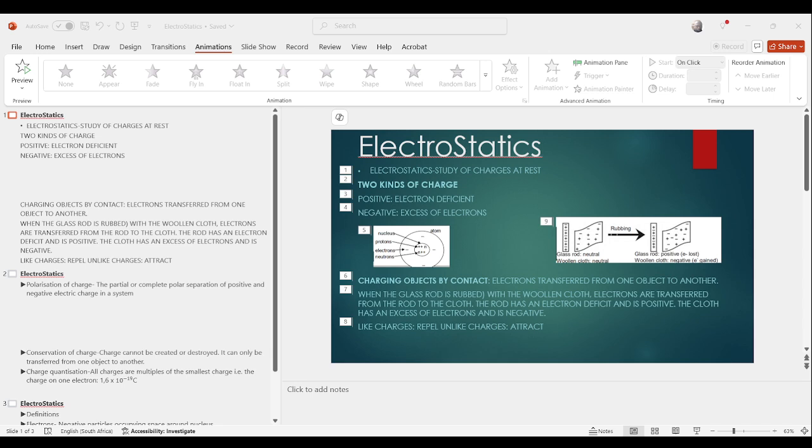So when this happens, the positively charged object will end up being attracted to a neutral object. Also, if you polarize two neutral objects like this, and then you bring the positively charged end of another neutral object, they will both attract because of the phenomenon called polarization of charge.